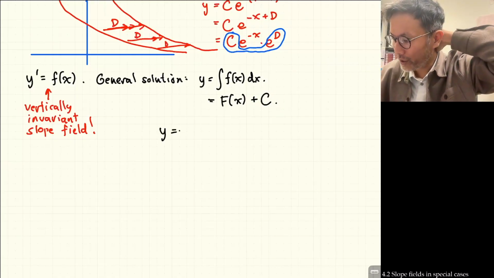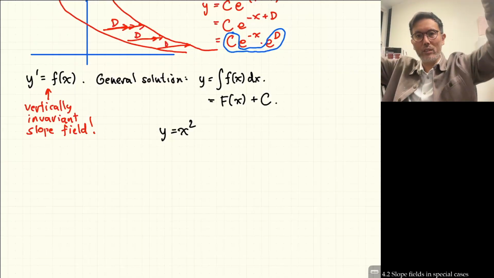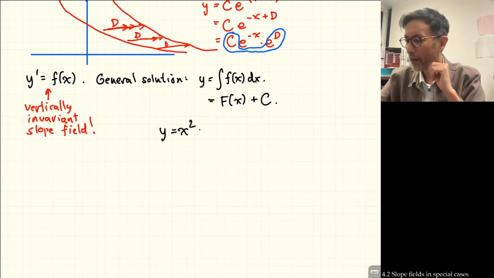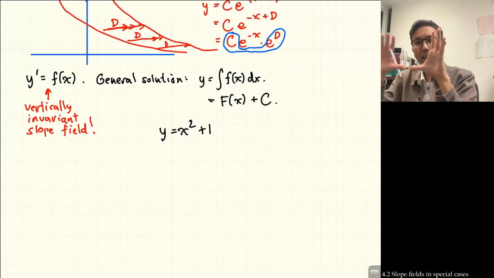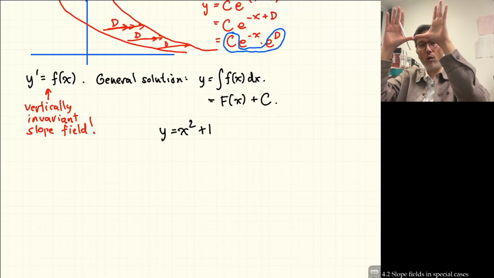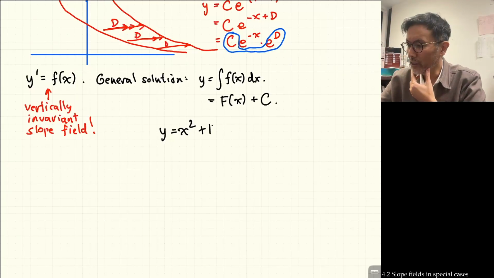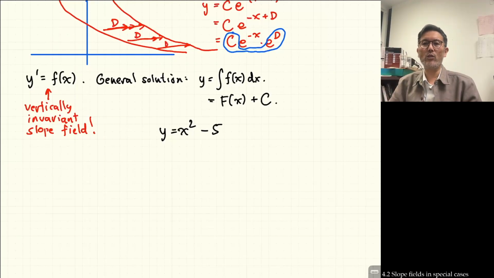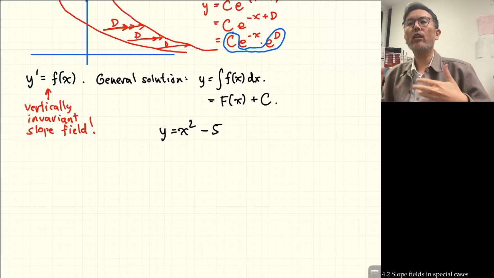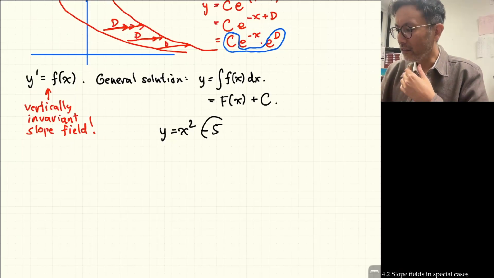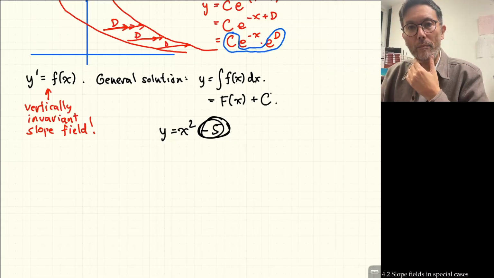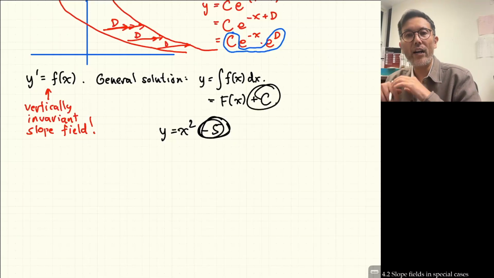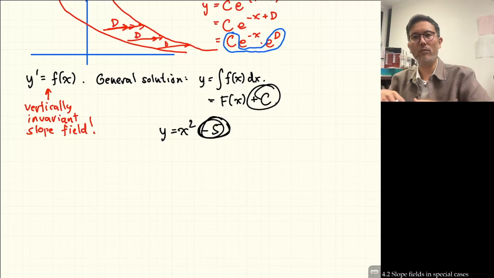If you know y equals x squared, the smiley face parabola, then y equals x squared plus 1 is that parabola translated 1 unit upward. And similarly, y equals x squared minus 5 is the parabola translated 5 units downward. In other words, these numbers are precisely the values of this additive constant of integration. It just translates upward and downward.